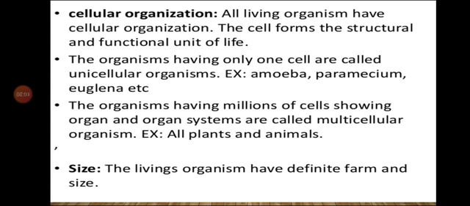If the organism has only one cell, it is called a unicellular organism, for example amoeba, paramecium, euglena, etc. And if the organisms have many cells, showing organs and organ systems, they are called multicellular organisms, for example all the plants and animals. The next characteristic is size. Living organisms have a definite shape and size.